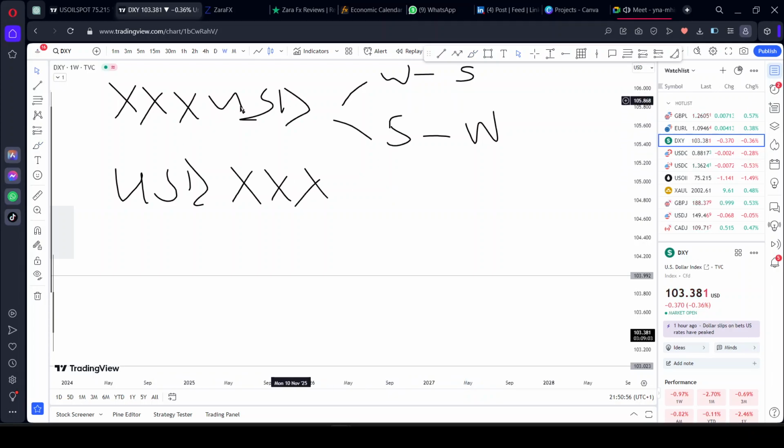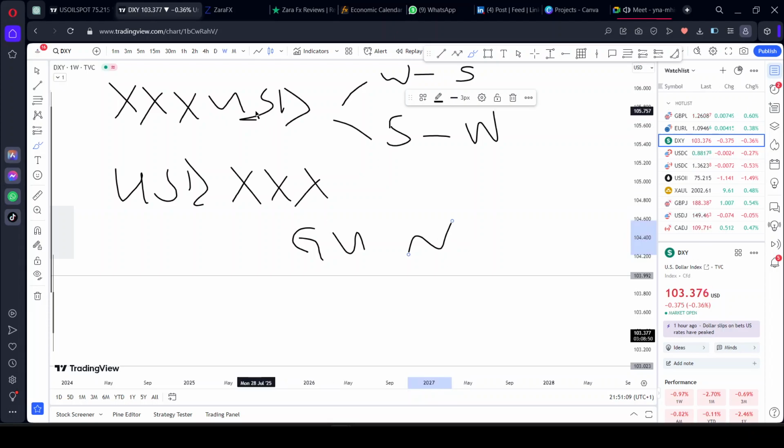So if this is GBP USD, for example, GU, and you check DXY and DXY is strong, what that means is that GBP USD is going to be going down. GBP USD as a pair will be going down. Why? Because the dollar is strong.